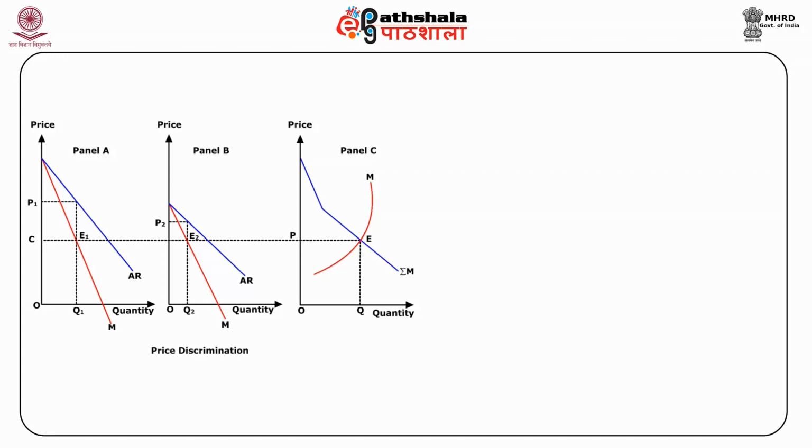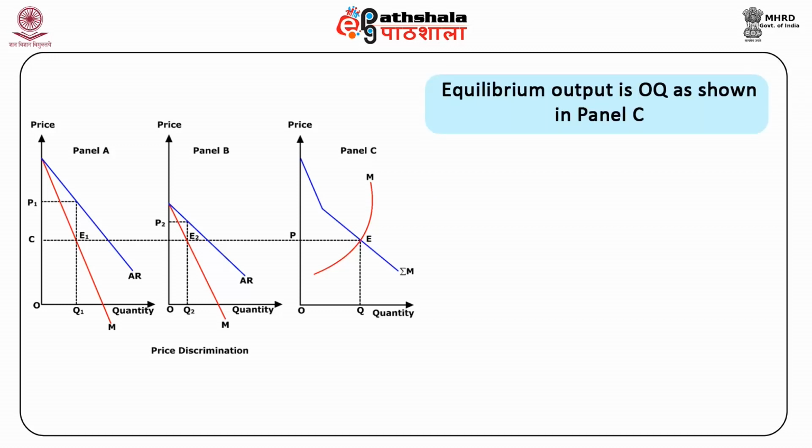For a price discriminatory monopolist to be in equilibrium, the total output is such that MC is equal to the aggregate MR curve.